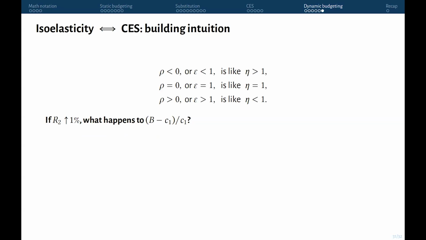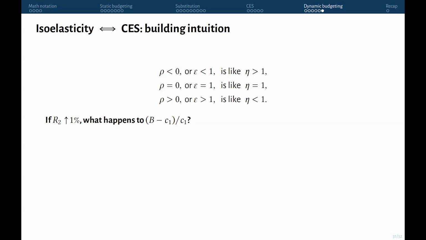Now I'm the one that's brain fried. Give me a second. Just hold your horses. So if good 2 is getting 1% cheaper, surely it should be exactly, yeah, that's what you were saying.